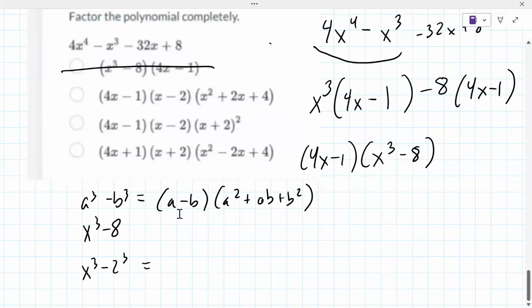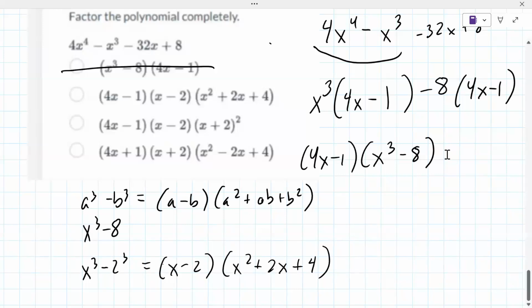Oh, okay. So you should have something like this: x minus 2, x squared plus 2x plus 4. Okay, yeah, that's what I got.